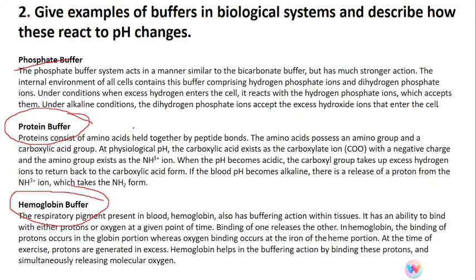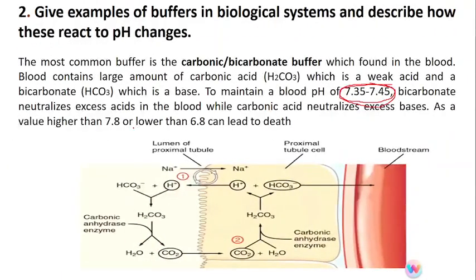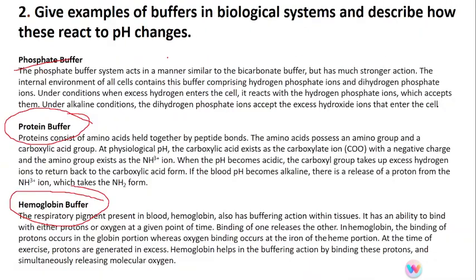A weak acid or a weak base ionizes or gives off hydrogen or hydroxyl ions only slightly in water, while strong acids and bases ionize almost completely. So, the buffer is important in our biological systems, in our body, because it maintains the pH of our blood, like carbonic acid and the bicarbonate buffer, which is very common in our biological system.